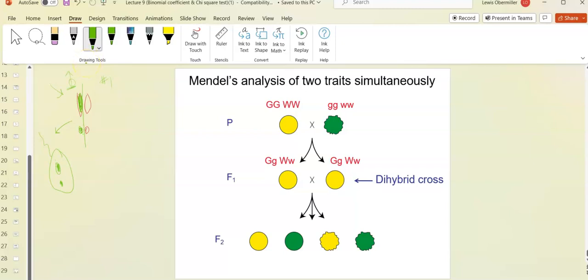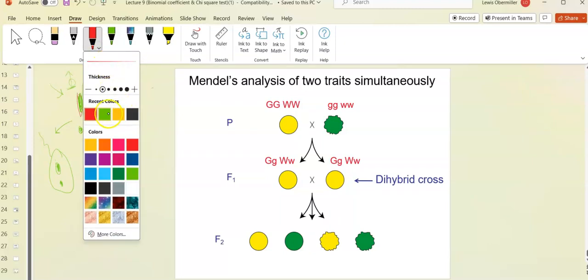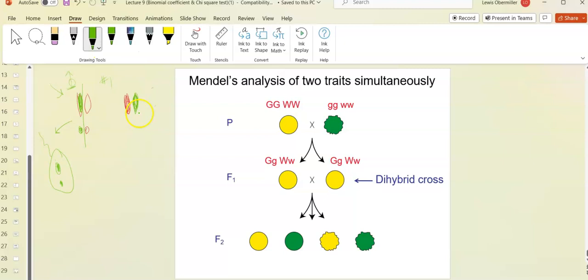But these could easily just randomly line up this way. And so this is how we get all of these different combinations of gametes, right? So we go back and say this is like this.